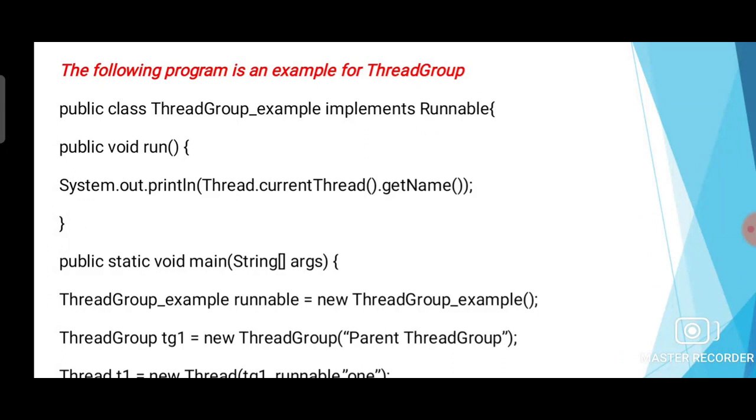This statement is printing the name of the current thread. To print the name of the current thread, we have the methods Thread.currentThread().getName(). Thread.currentThread() will invoke the current thread, so from that, the name of the current thread will be printed here.